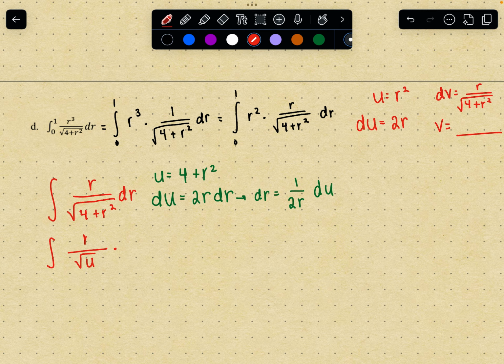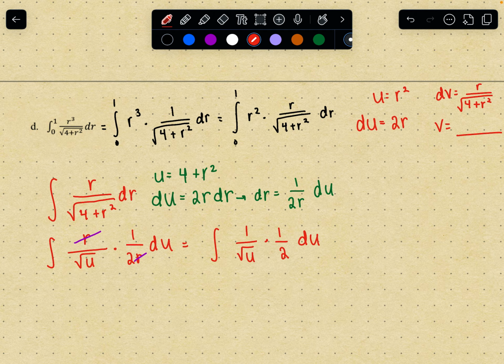Wait, let me put this r back here, my bad. Okay. You know you did your u sub correctly if all your r's cancel. Boom. They did. Life is good. Okay. So we get integral 1 over square root u times 1/2 du. Either way, this is good u sub practice too, because you do need to know how to do that.